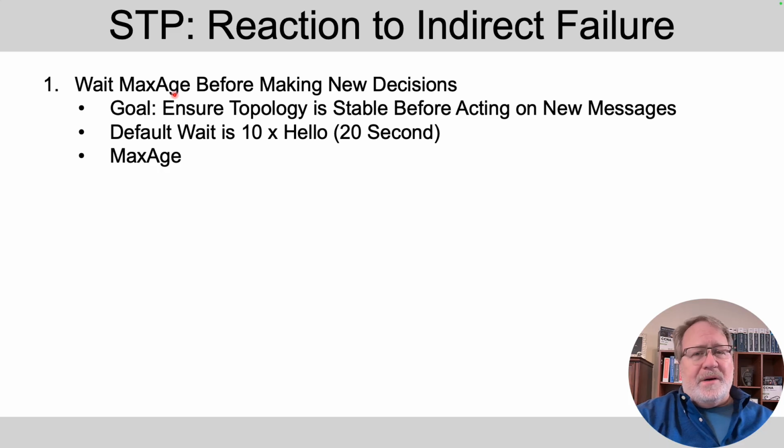Let everybody hear about the change before we decide to act on this new information. All right. So that's the goal. And max age defaults to 10 times hello, and that's 20 seconds. So by then, hopefully everybody knows the details of what's happened. And then you could say, pick a new root port, or pick whether you want to be a designated port, which will be the case in this particular scenario.